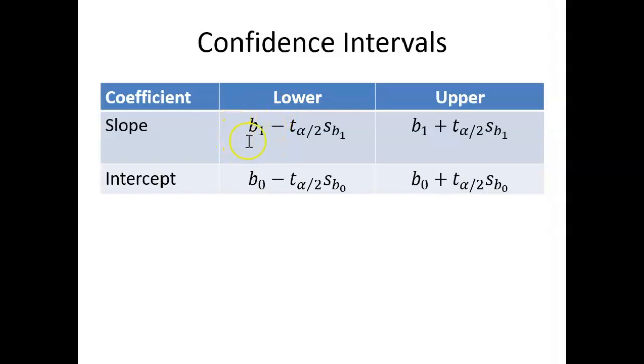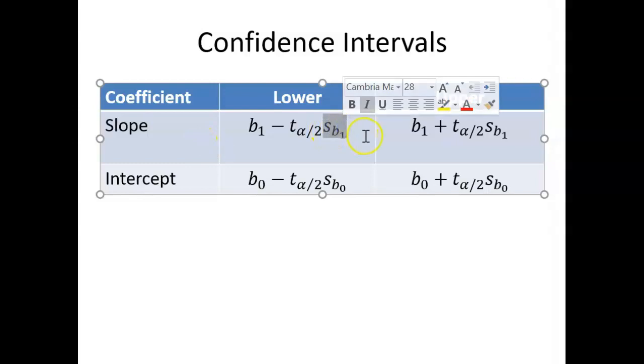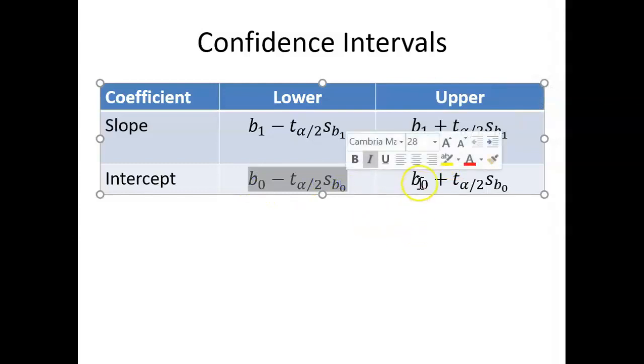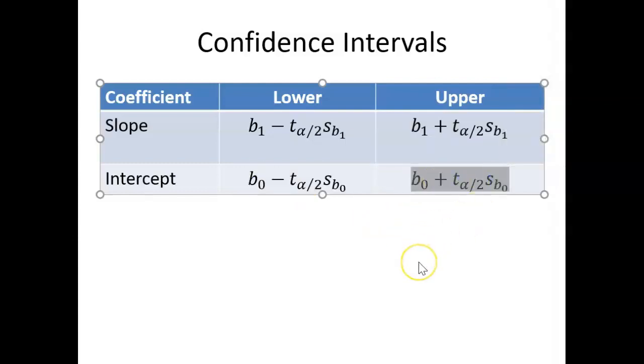The lower limit is the slope estimate minus the t-value for any particular alpha level, maybe 1.96 if our alpha is 0.05, multiplied by the standard error. And then the upper limit of the confidence interval is the slope plus t times the standard error. The confidence interval for the intercept is constructed in the same way.